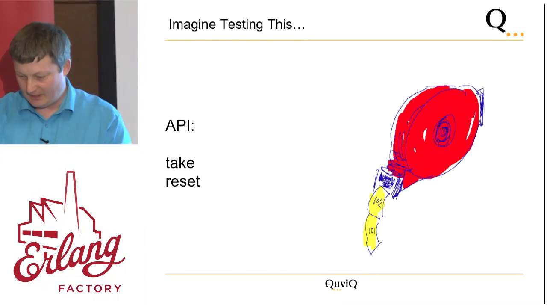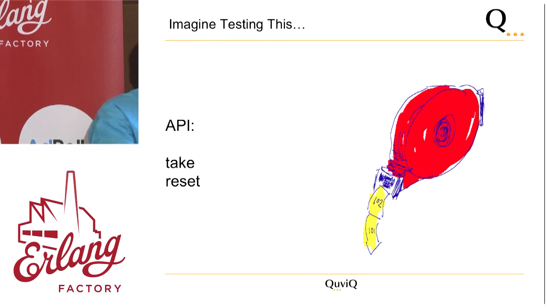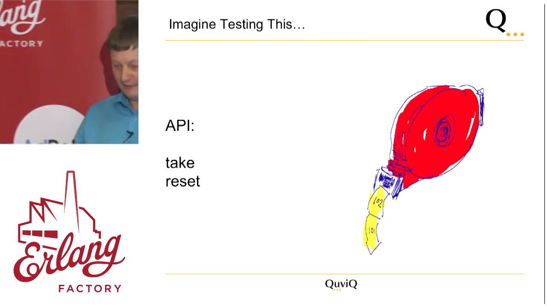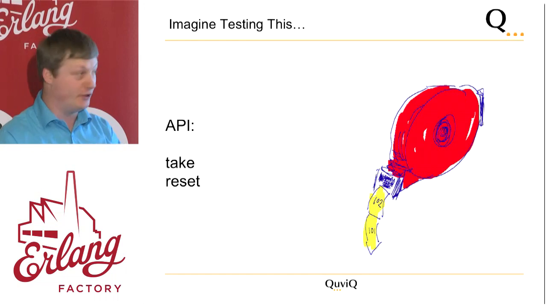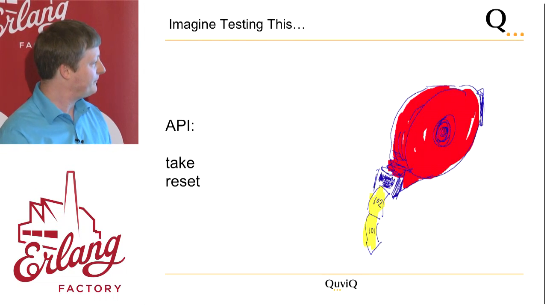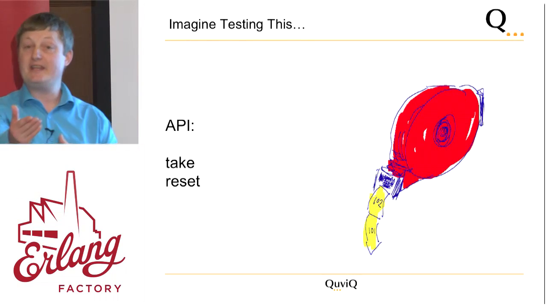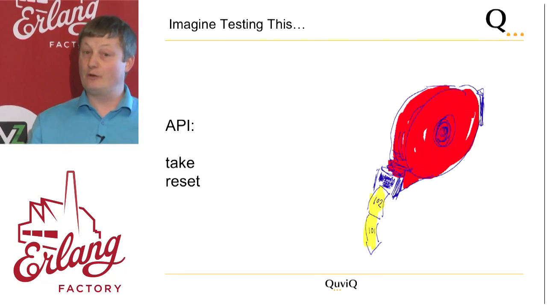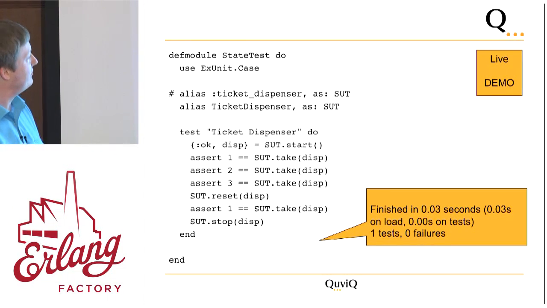Yeah? So assume you do a fancy electronic version of this ticket dispenser. That would be nice. A fancy electronic version where people can actually push a button and then they get this number back. So then you have to write some software, and you have this API where you can take and do a reset. So how would a test case look like in Elixir? Well, a test case in Elixir would look like something like this, right?